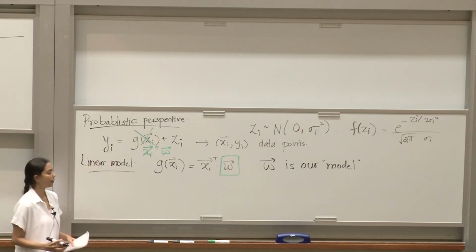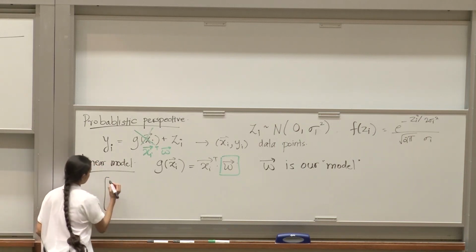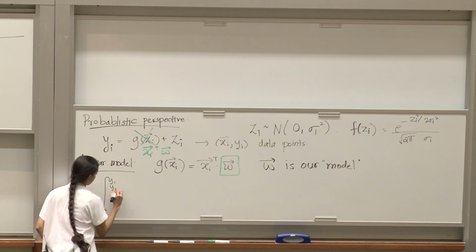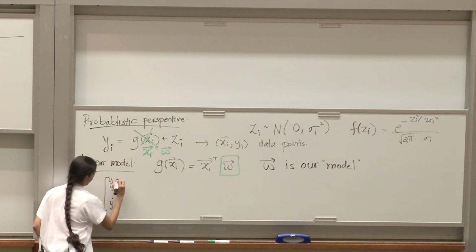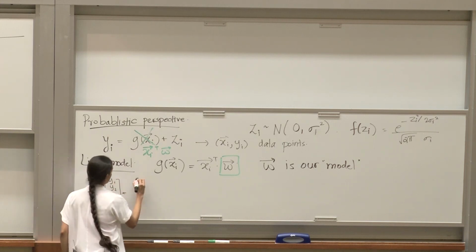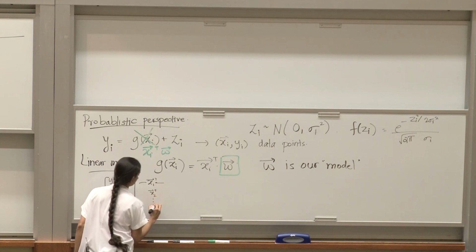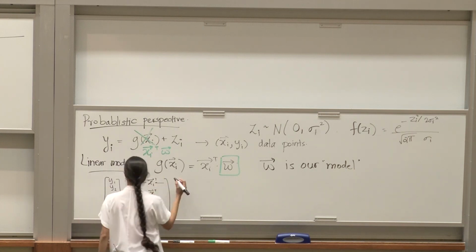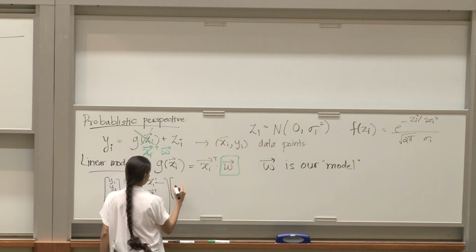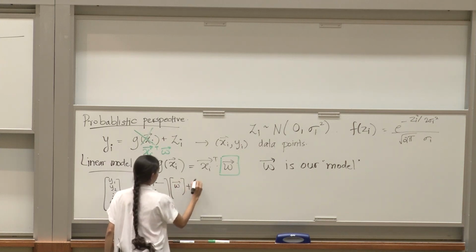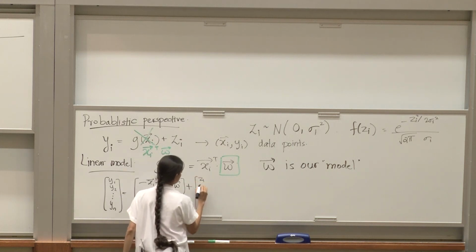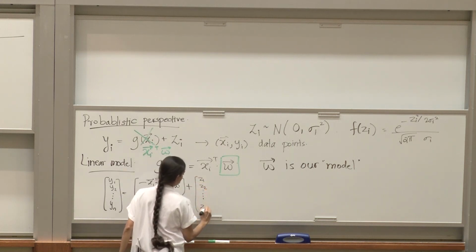And I can write this now as a matrix equation, so I can write y1, y2, all the way up to yn, if I had n data points, is equal to x1 transpose, x2 transpose, xn transpose times w plus some noise, z1, z2, zn.